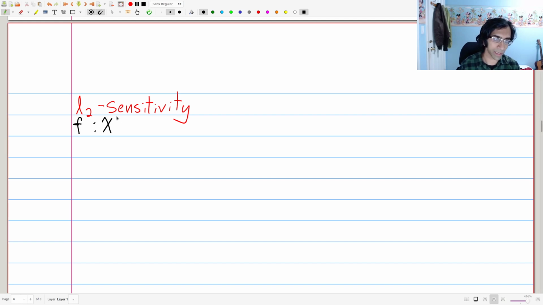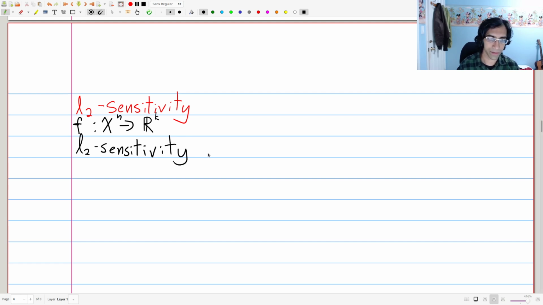So let f be a function which takes in some data set of size n on some domain and outputs something which is a real vector of dimension k. Then the L2 sensitivity is the following quantity.